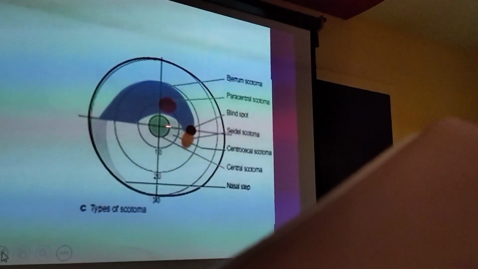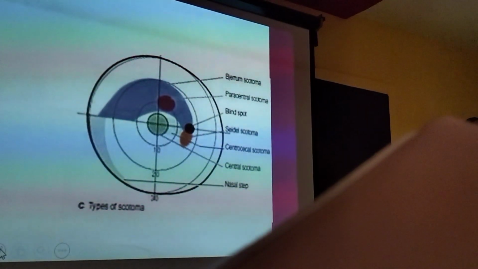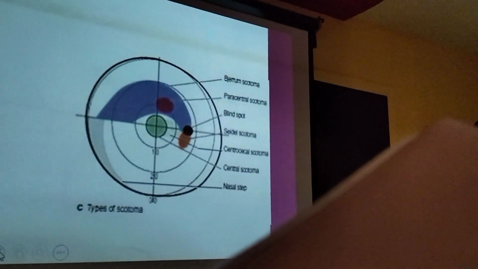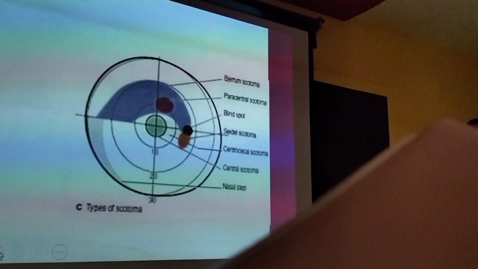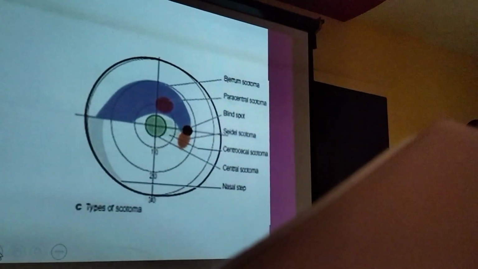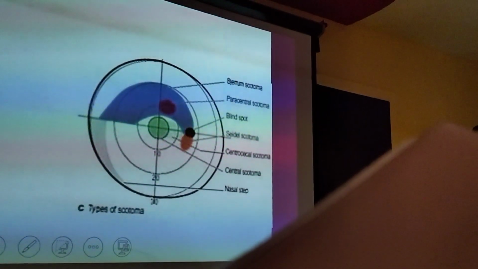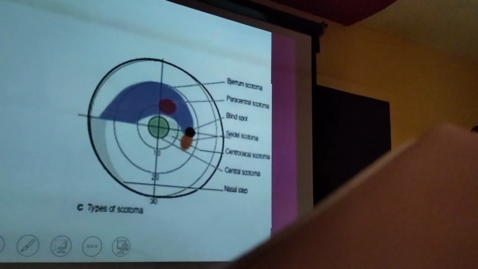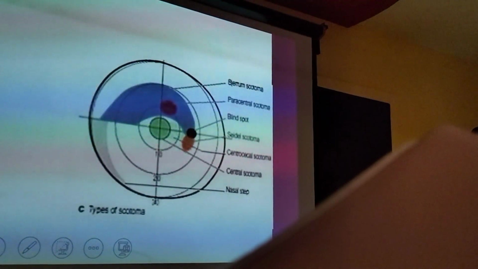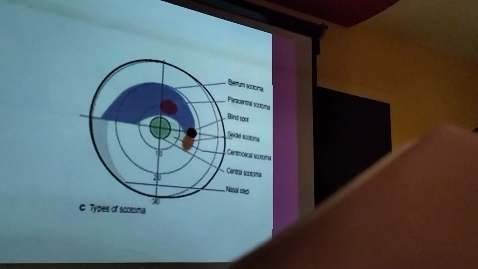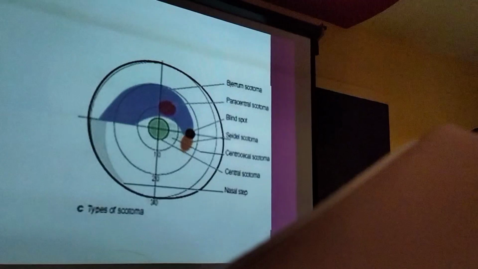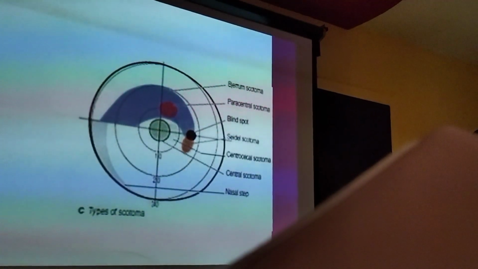Basically, central scotoma is not the scotoma of glaucoma. Central scotoma is a scotoma of optic nerve diseases. If the examiner asks you whether central scotoma is a part of glaucomatous field defect, you will say no. Why?